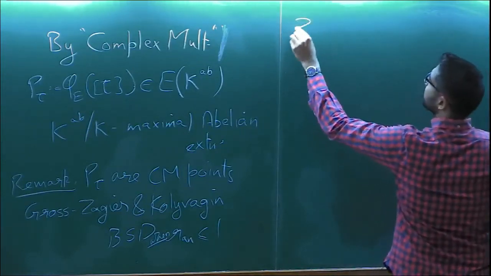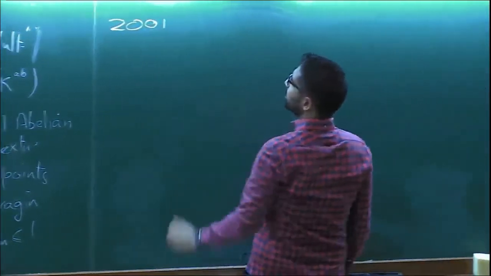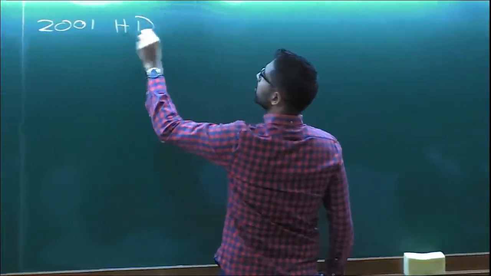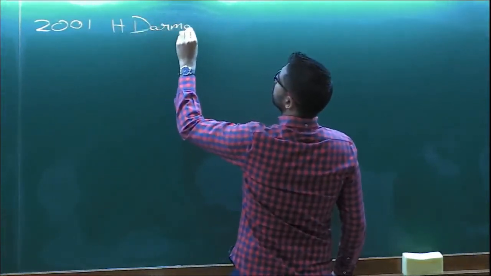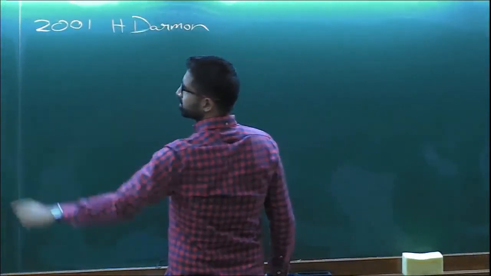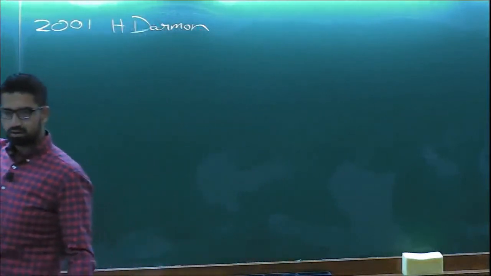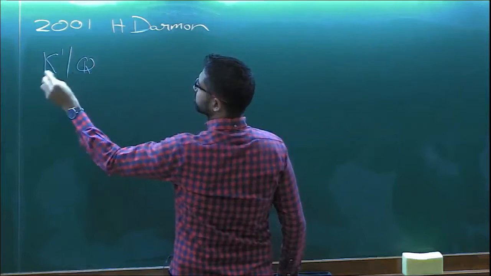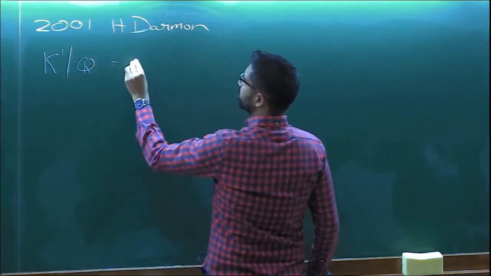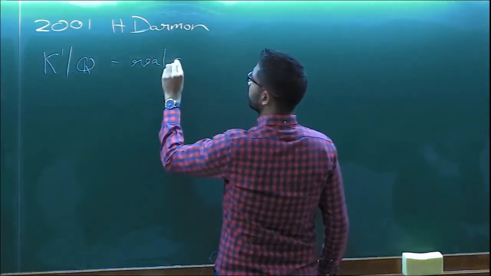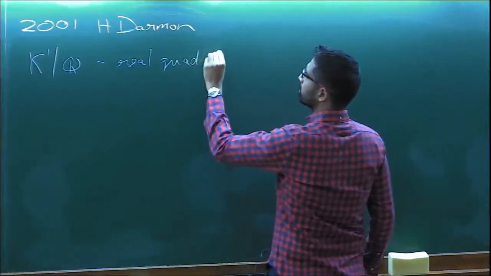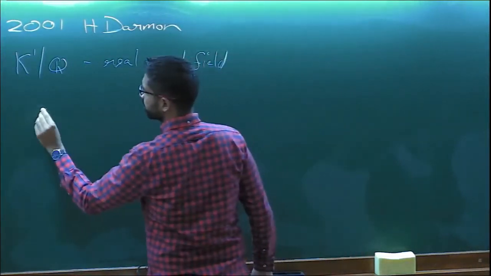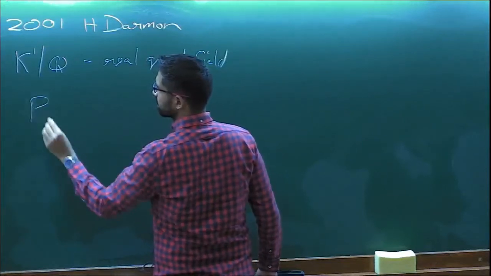So yes, at the beginning of the century, 2001, H. Darmon tried to investigate if we can produce some kind of analog when working with a real quadratic field. So just to change notation, I'll call K' a real quadratic field now. And in his construction, he could produce what are now called Stark-Heegner points.